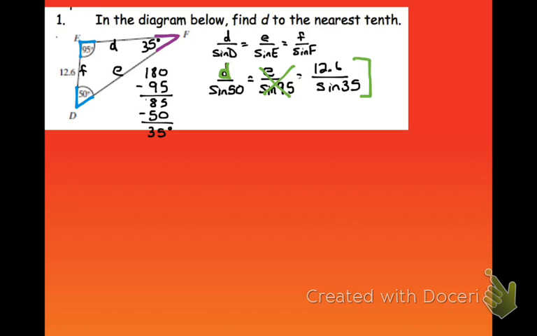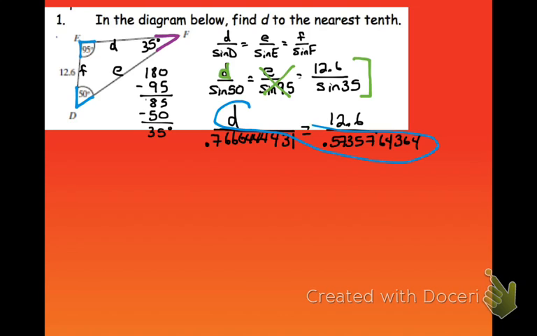So I have d over sine 50, which I could put into my calculator. So I'd have d over 0.7660444431 equals 12.6 over, and I can put sine of 35 into my calculator, and I would get 0.5735764364, and then I can cross multiply.